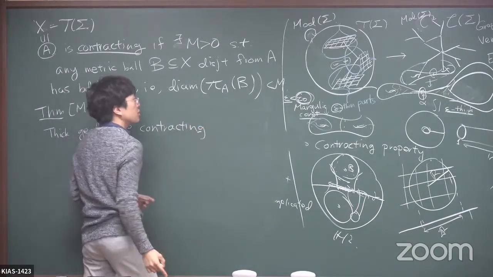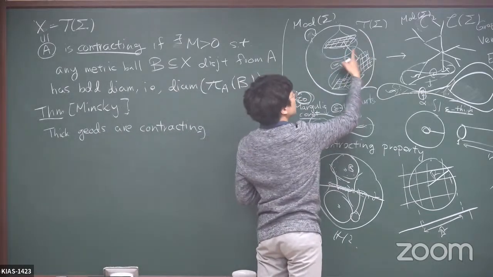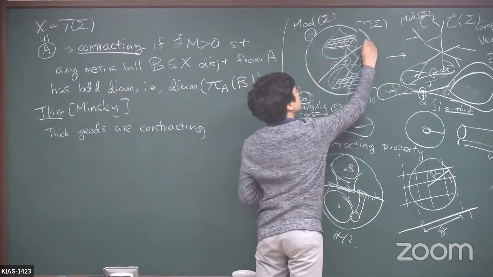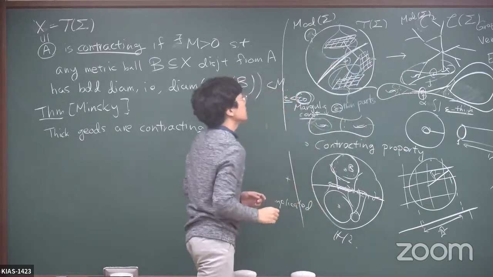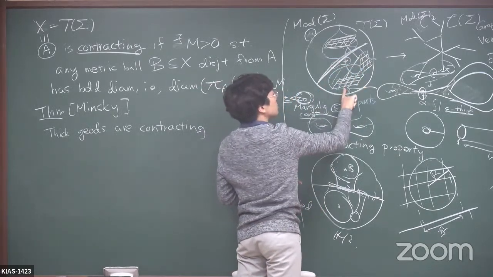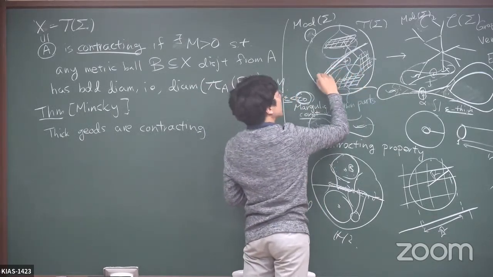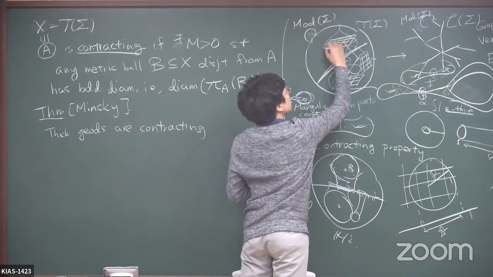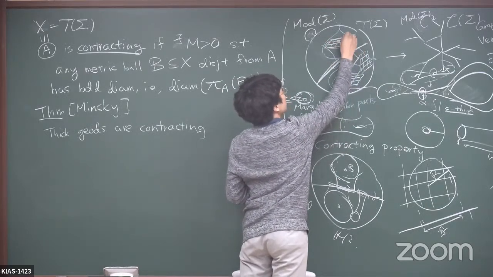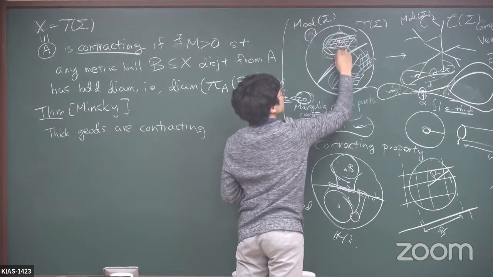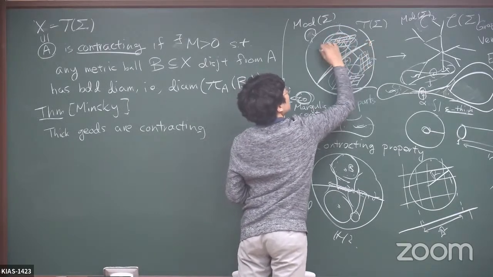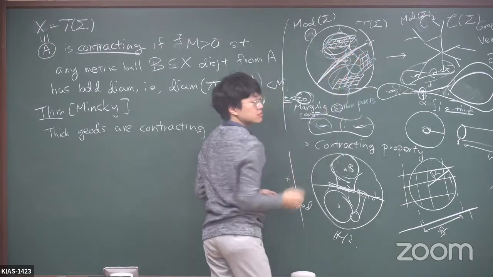So although there are lots of thin parts lurking around here, if you can draw an infinite geodesic that's not passing through any of these blue regions, then if you project any ball that's drawn disjointly from this gamma, it will have a bounded shadow.